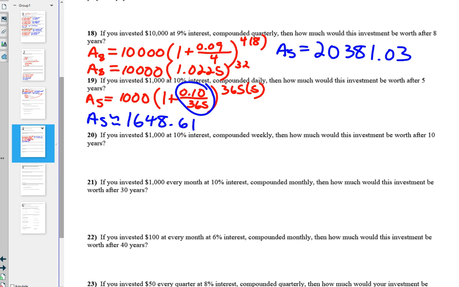And for the number 20, we're back at $1,000, but now, everything is going to look the same except for, and it's still 10%. So we still have these two numbers the same, 1,000 and 10%. But now we're compounding weekly. So Samantha, we are taking it to 10 years. What would I divide this 0.10 by if we were compounding weekly?